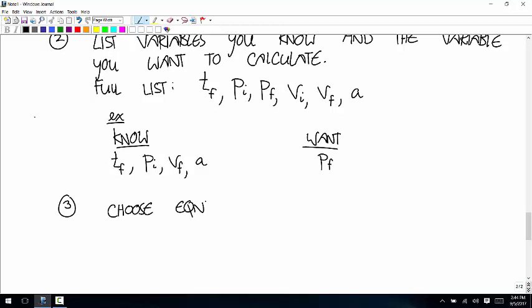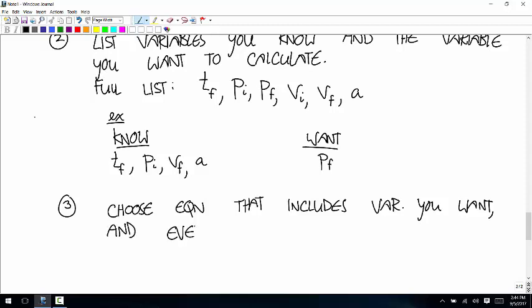You want to choose an equation that includes the variable you want, and every other variable in that equation is known.